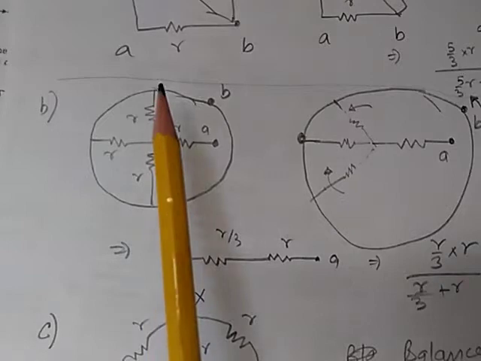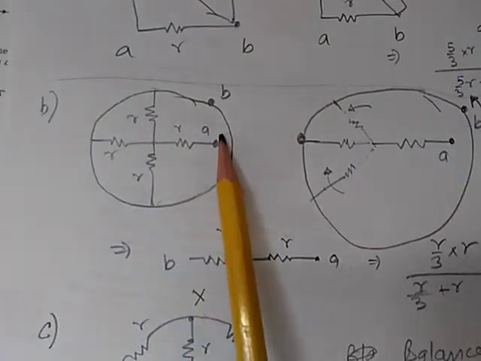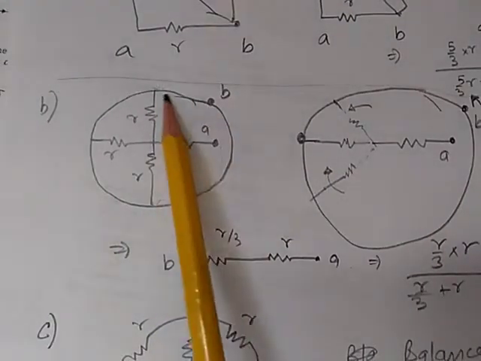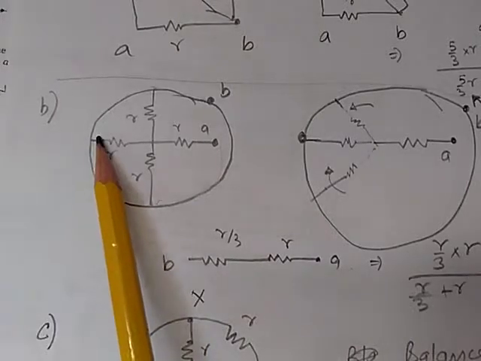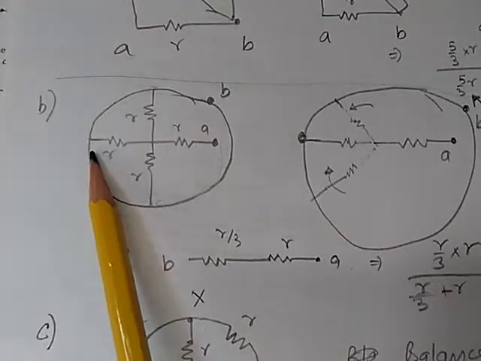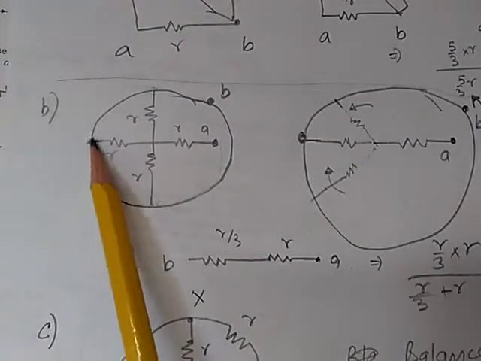This resistance is touching here, this one here, and this one here on the circumference, which is essentially a copper wire, so all these points are a single point. So we need to find that one point where we want this to converge. Let's say we converge everything on this point.